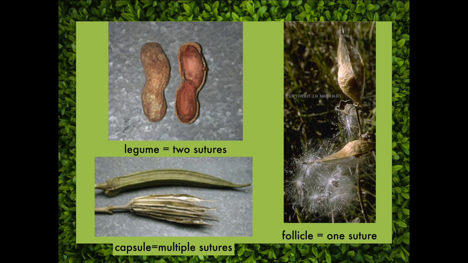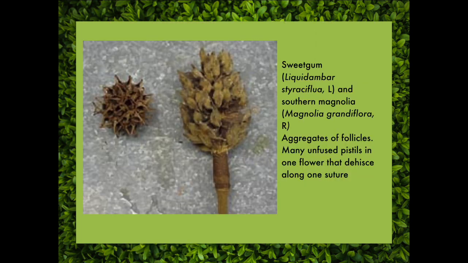And that is an okra pod that you see once it's fully matured. It dries out, it splits open, and releases the seeds. But most people eat okra before it gets to be fully mature, in the sense of it's ready to let the seeds go. So sweet gum here on the left and southern magnolia on the right are actually aggregates of follicles.